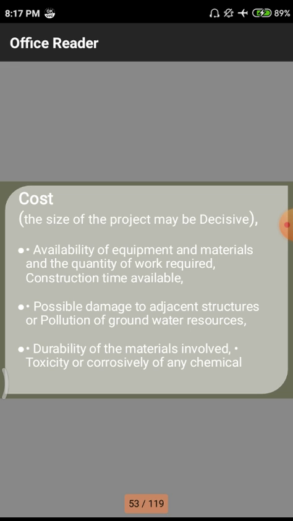If there are ponds and lakes nearby, the waste from our project will go into them and pollute the groundwater resources lying near the structure. So we need to take care of all of these, and do a positive construction such that it does not cause any disturbance to the surrounding structures. We will go for as many positive features as possible. Next is the durability of the material involved.